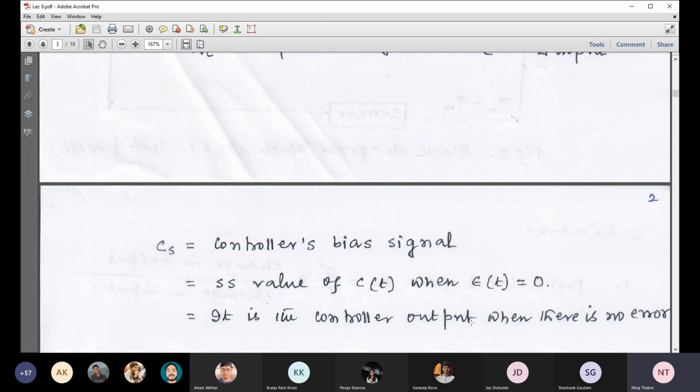Usually at the beginning, we consider our process is at steady state. Accordingly, at the beginning or steady state, the C is basically Cs.